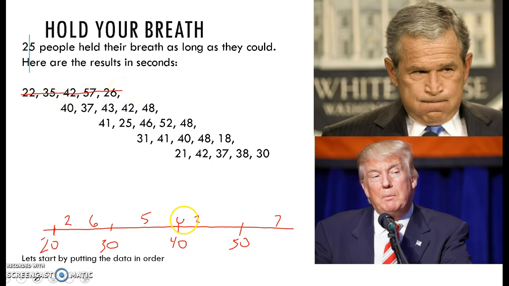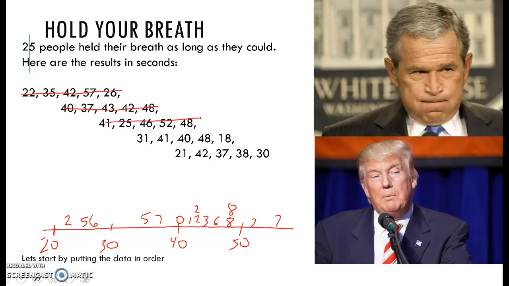Then we have a 40, a 37, a 43, a 42, so I'm going to put that on top because I already have one 42, and a 48, and that's the second row. Then we have a 41, a 25, a 46, a 52, and a 48.